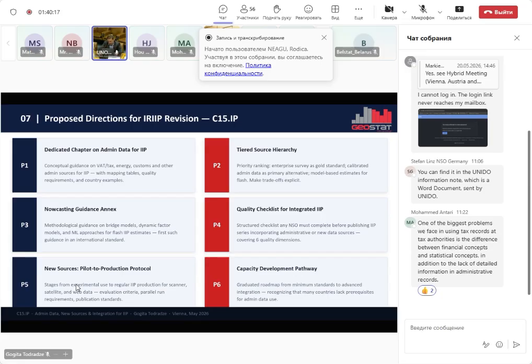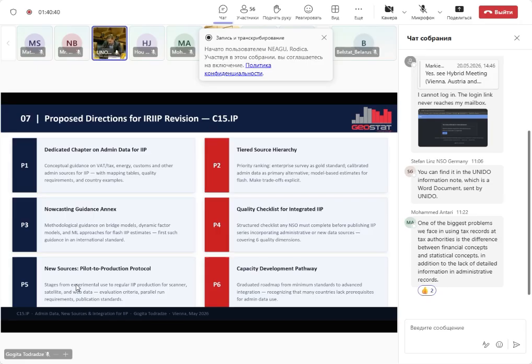Fourth, a quality checklist NSOs must complete before publishing an IIP series that incorporates non-survey sources. Fifth, a pilot to production protocol for scanner data, satellite imagery, web scraping, and so on.